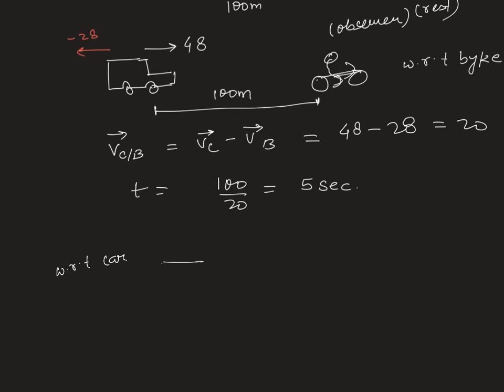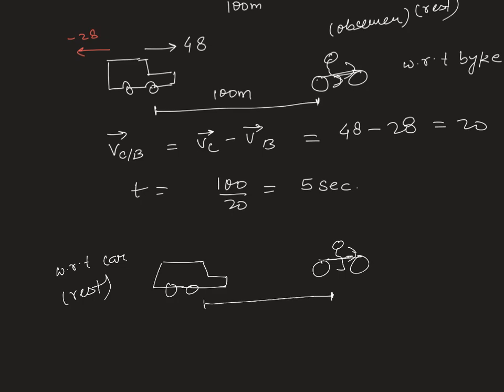So if I am observing the motion with respect to the car, the car is at rest, obviously, because the car is the reference frame, and the bike, or the biker, whatever, gets a velocity.